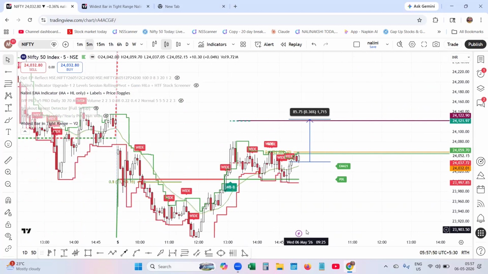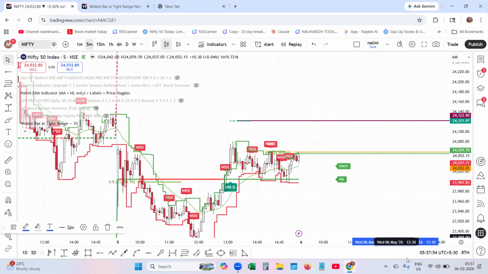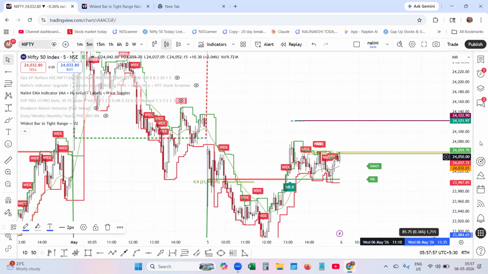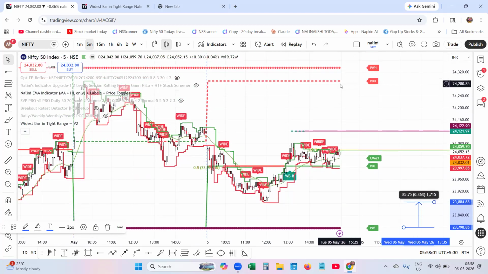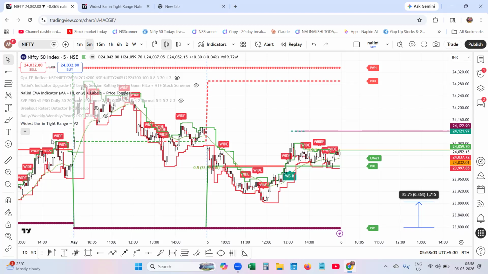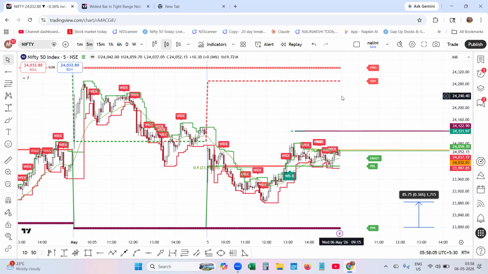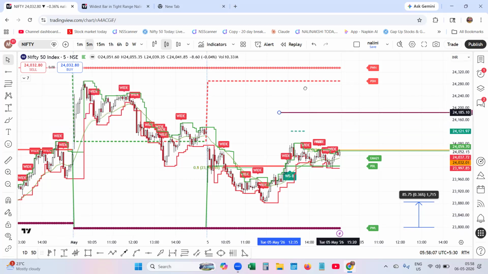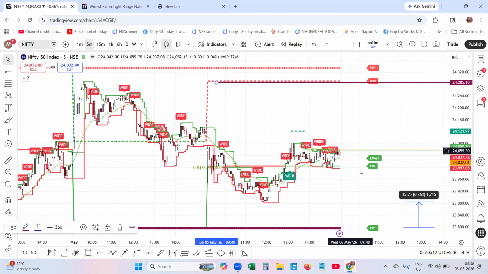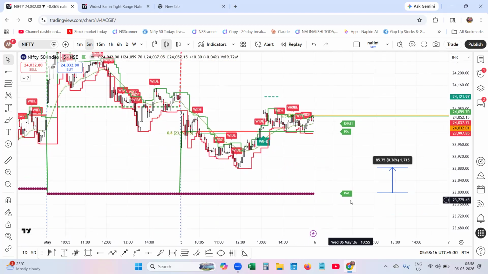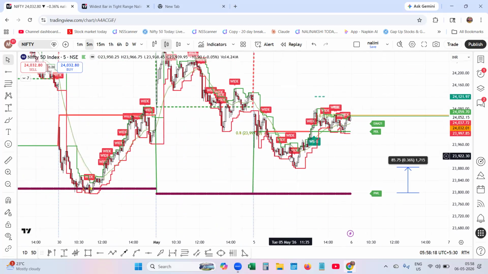So it is also color coded, and you will get a convincing signal. See, now the previous day high is here, you can make it out. You can mark the structure very easily. Previous day high, previous weekly high, and previous day low. Previous day low and previous weekly low.